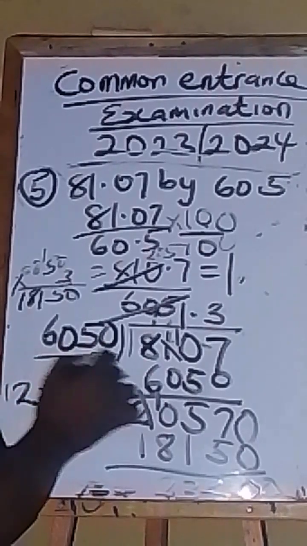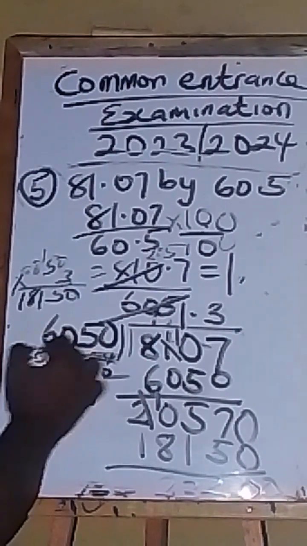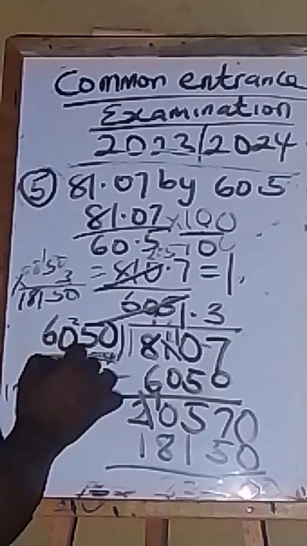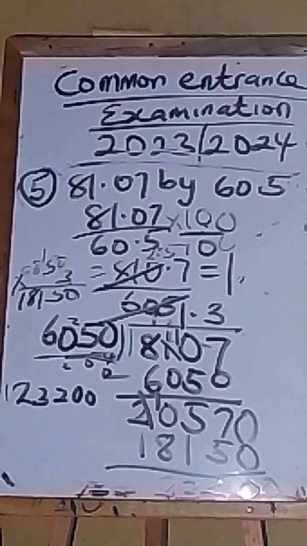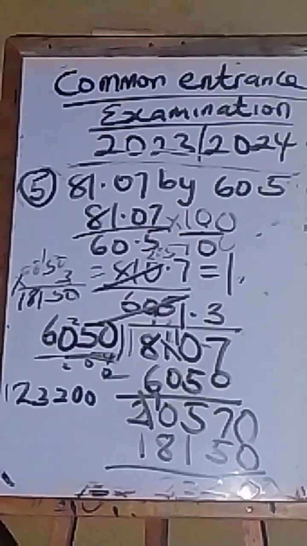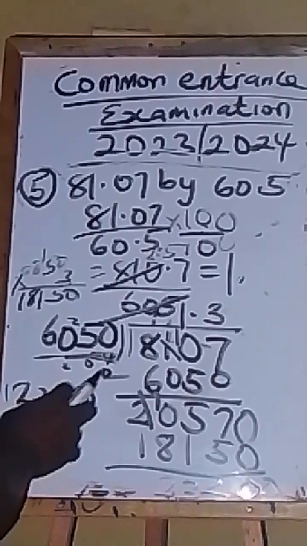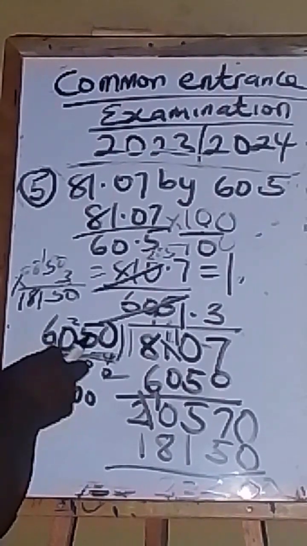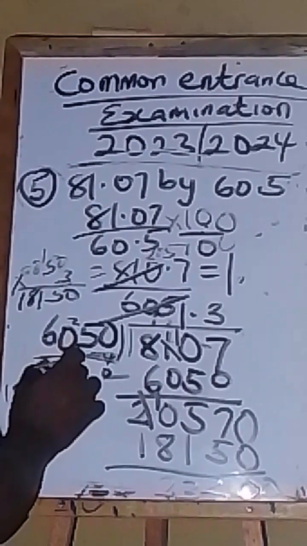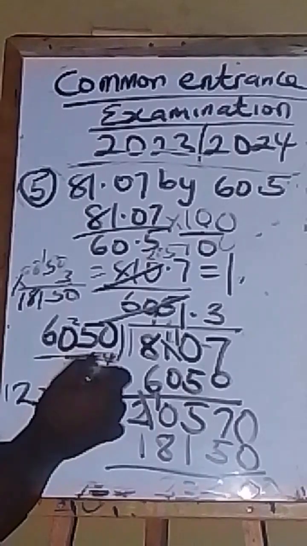Multiply this one by 4. We have 0. 4 times 5, that's what? 22. We have 2. 4 times 6, that's 24. So you should know that will not give us. Yes. 4 times 0, 0, 2. 4 times 5, 20. 20 plus 2, we have 22. We have 2.